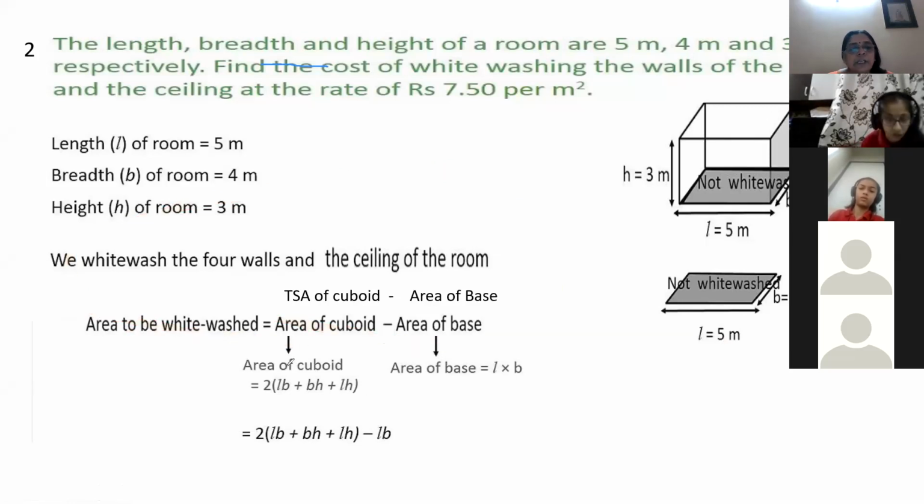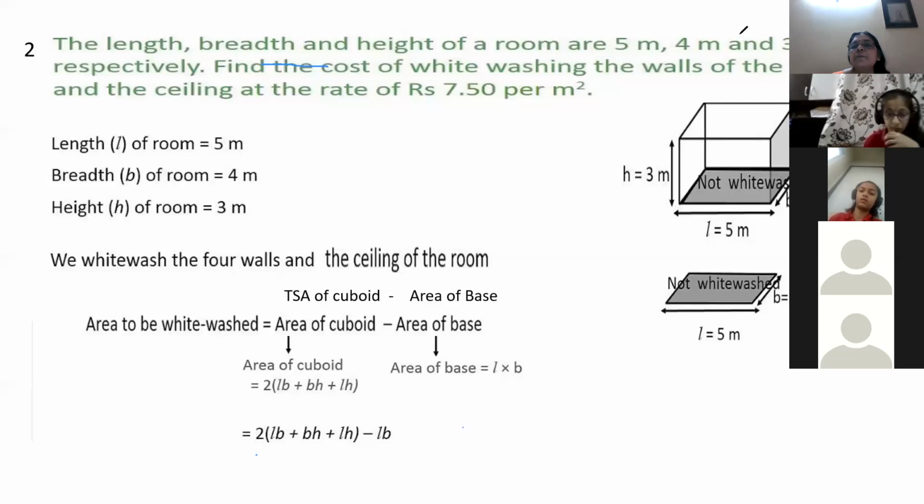Now, area of cuboid again we write it as 2 into LB plus BH plus LH minus area of base. बोलो क्या होगा area of base? LB. Okay. So now we put all the values.